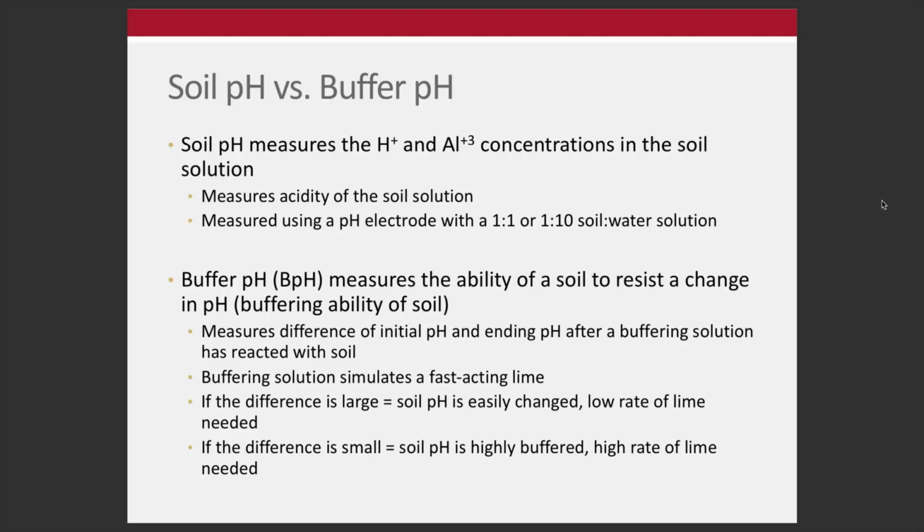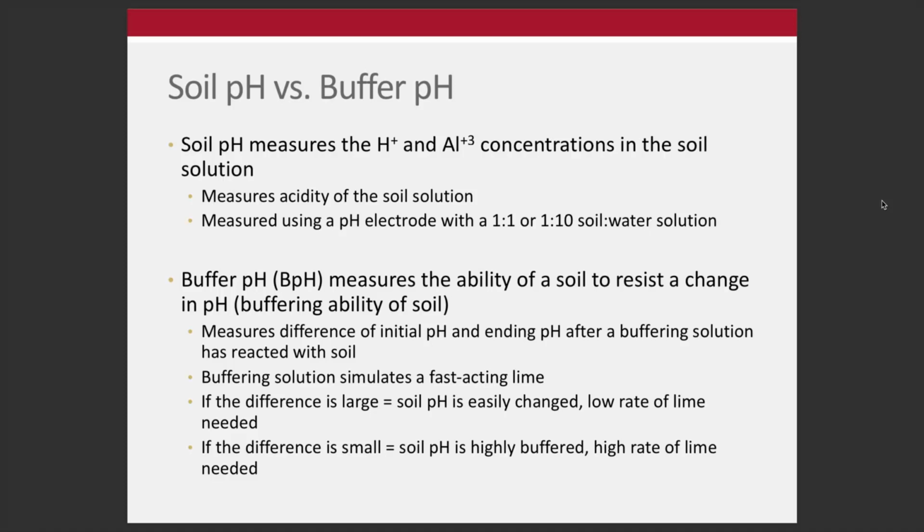If the difference in pH is large, it means that the pH of that soil can change easily, and therefore the soil is poorly buffered and a low lime rate is needed. If the difference between the initial pH and the buffer pH is small, it means that the soil pH is highly buffered and a higher rate of lime is needed.